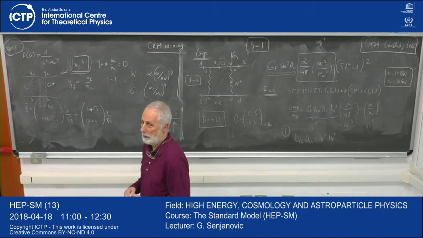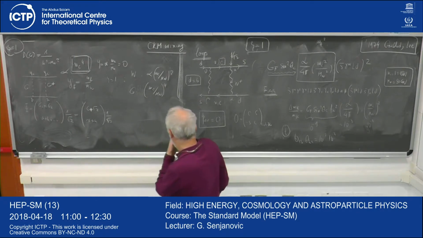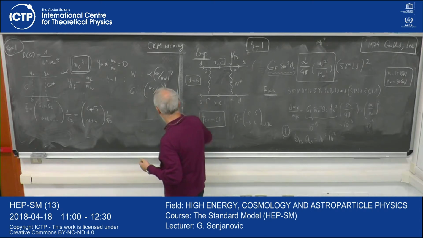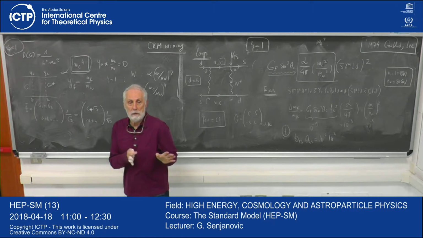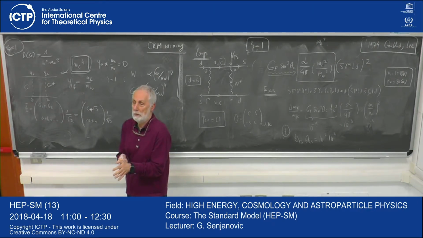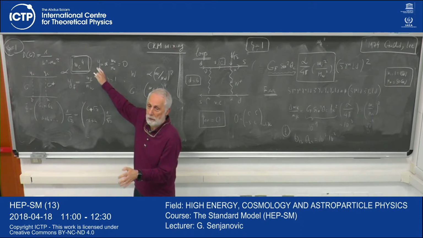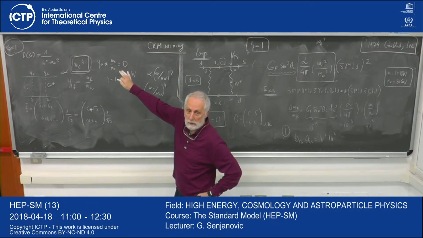Okay, just a few more minutes. So I conclude in the R_xi gauge that I worry only about W, because the unphysical Higgs contribution is small. You got this? Please ask me any question.